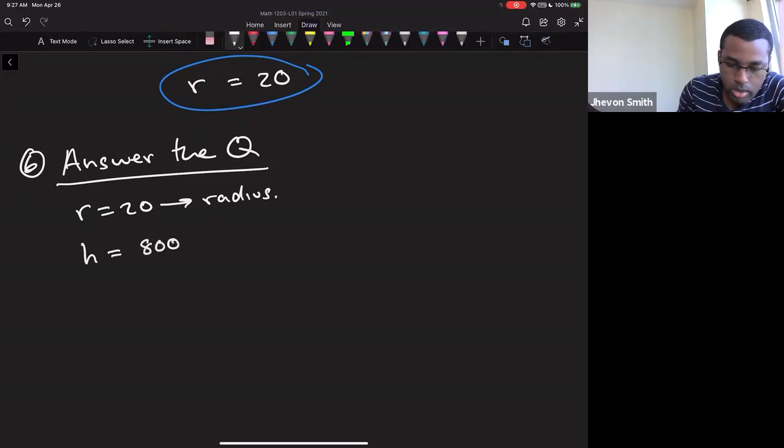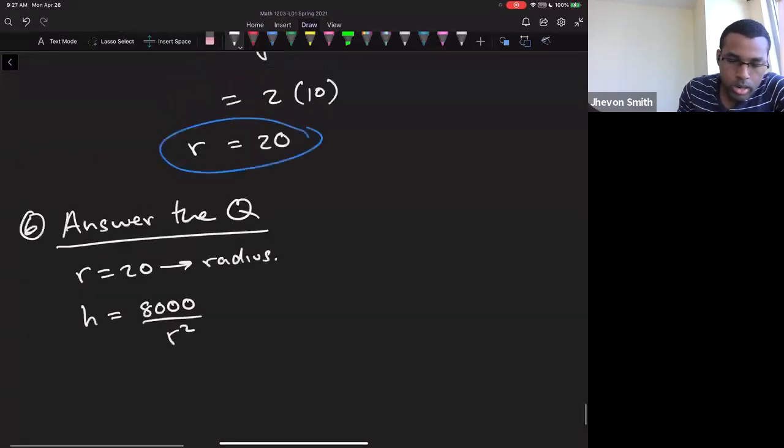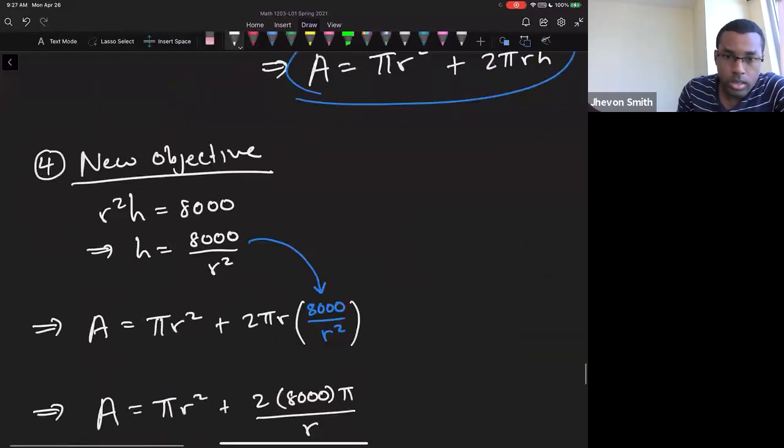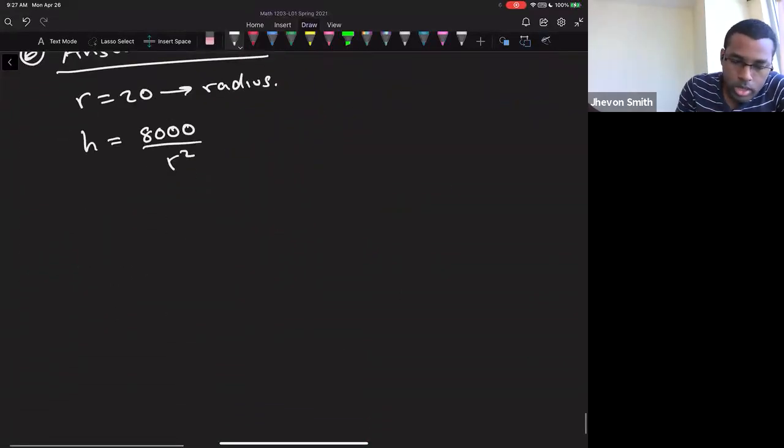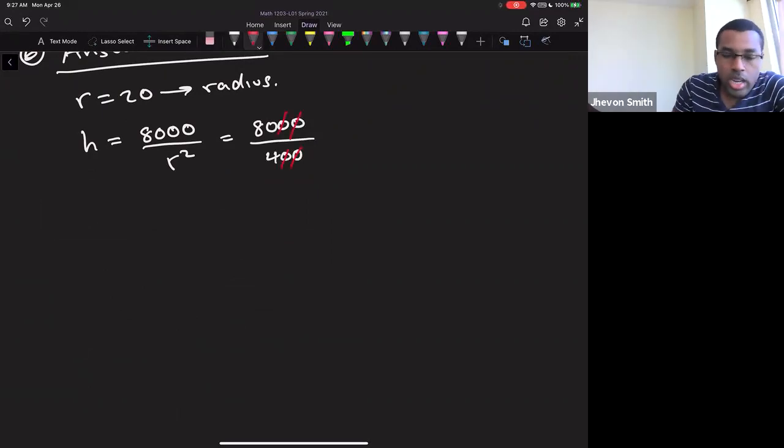H equals 8,000 over r squared, if I recall. Yes. So this is going to be 8,000 over 400. That's just 80 over 4. That's also 20. So that's going to be your height.